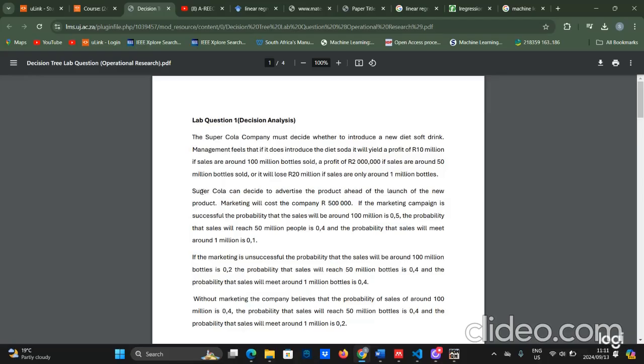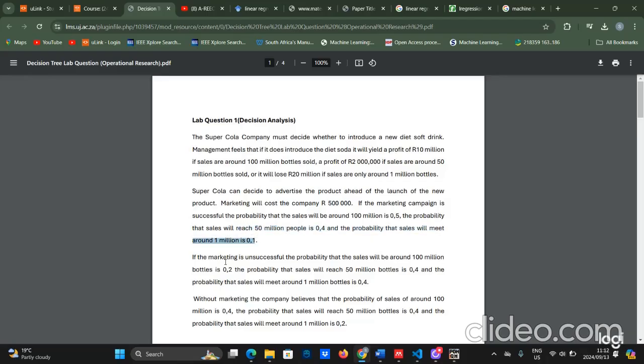Now they're saying Super-Cola can decide to advertise the product ahead of the launch, and the marketing will cost the company 500,000. If the marketing campaign is successful, the probability that the sales will be around 100 million is 0.5, the probability that the sales will reach 50 million is 0.4, and the probability that the sales will be around 1 million is 0.1.